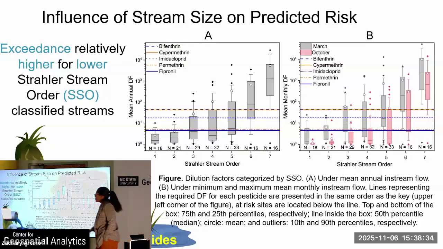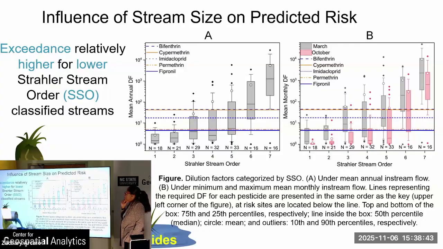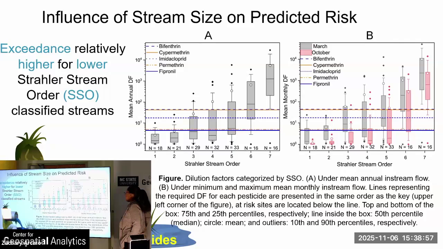And so it just shows that as you go to these smaller Strahler stream orders, we do have more of a risk of being below that threshold. So this again is a minimum dilution factor required, meaning if you are under these lines for either of these compounds, it's now at risk. So you want to be above.